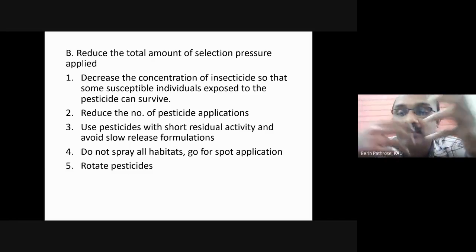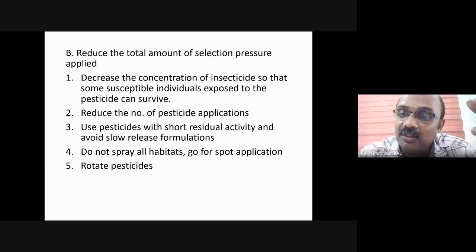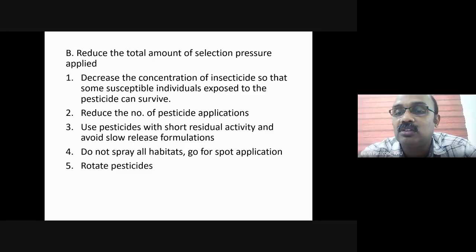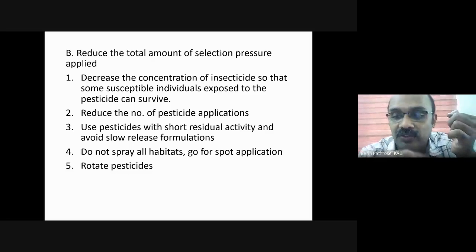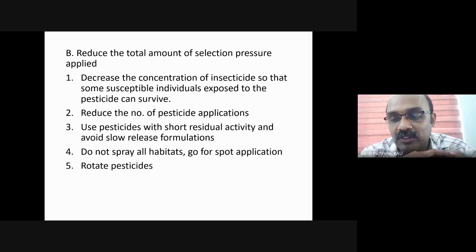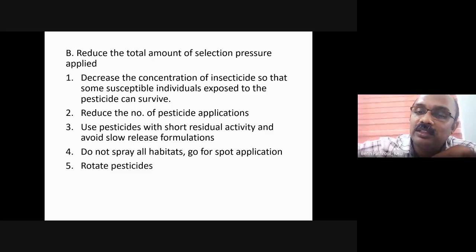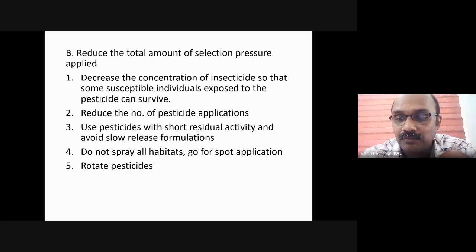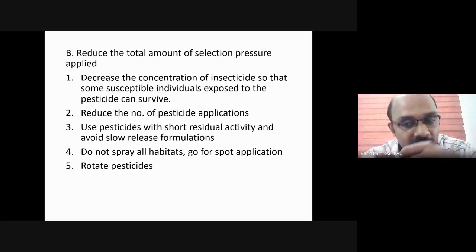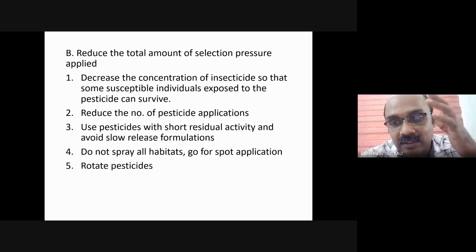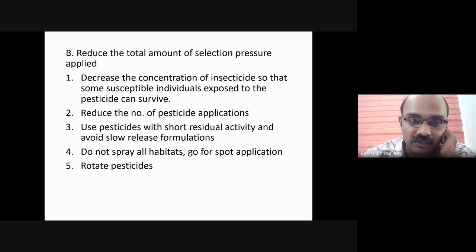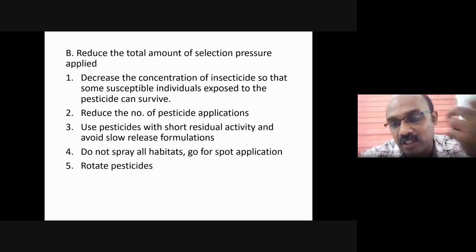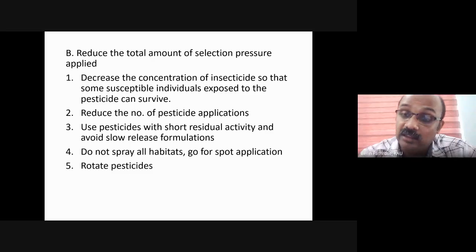Another advantage is that some susceptible individuals survive. You are treating only a portion of the field where you have a high population of the insect. In the other area, there will be susceptible individuals, and these can breed with resistant individuals, and we can reduce the resistance frequency. And go for rotation of pesticides, rotation of pesticides with different modes of action. That is extremely important.